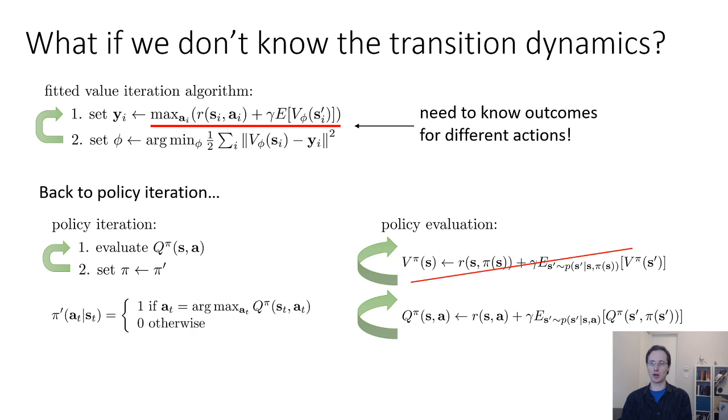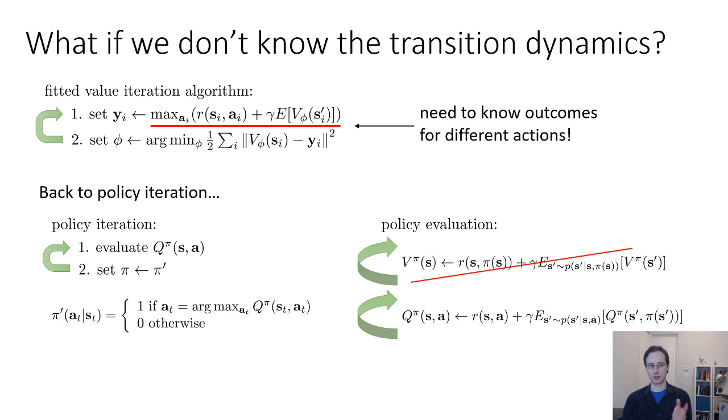Because now, as my policy pi changes, the action for which I need to sample S prime, basically the A that's on the right of the conditioning bar in P of S prime given SA, doesn't actually change. Which means that if I have a bunch of samples S, comma A, comma S prime, I can use those samples to fit my Q function regardless of what policy I have.